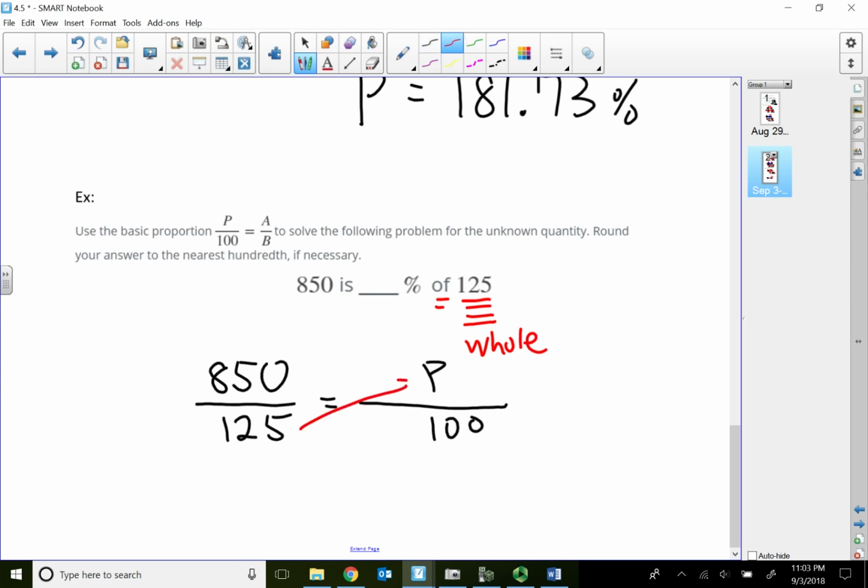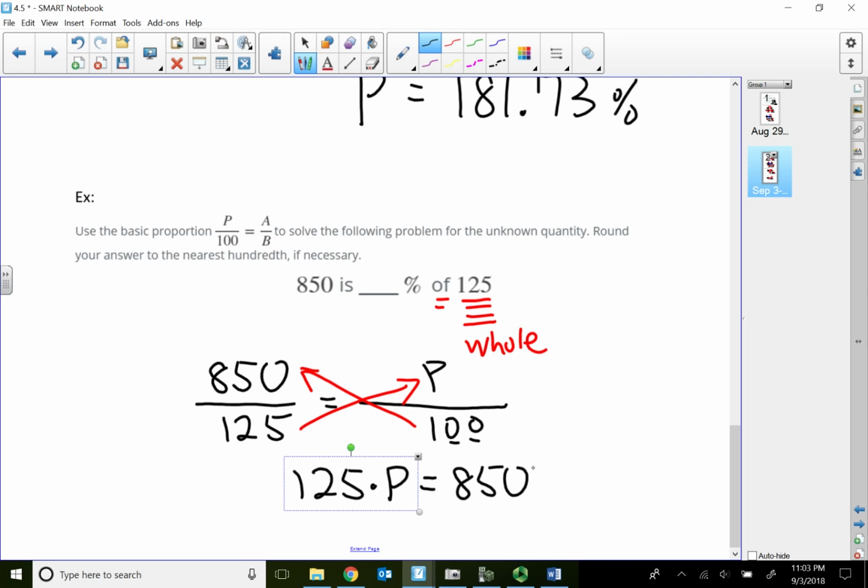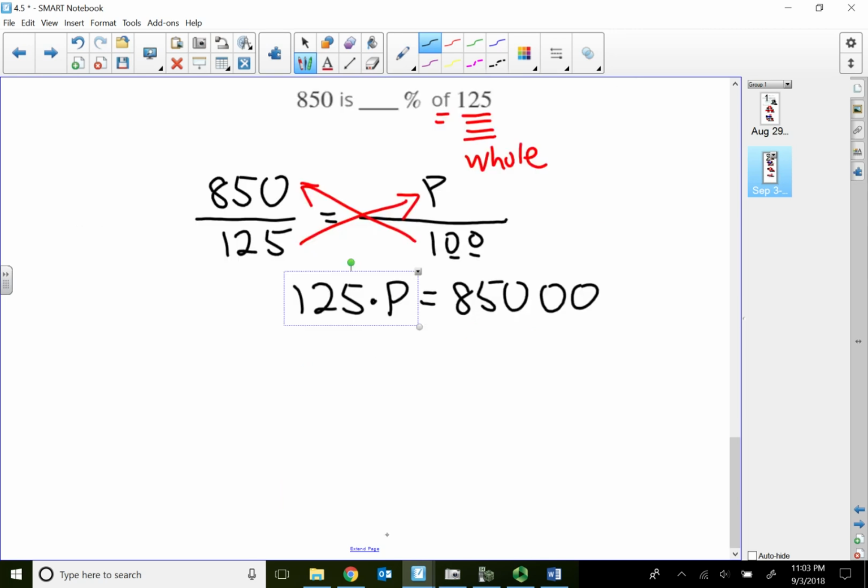So 125 times P, 125P, set equal to 100 times 850. So that's 850 with two more zeros behind it.